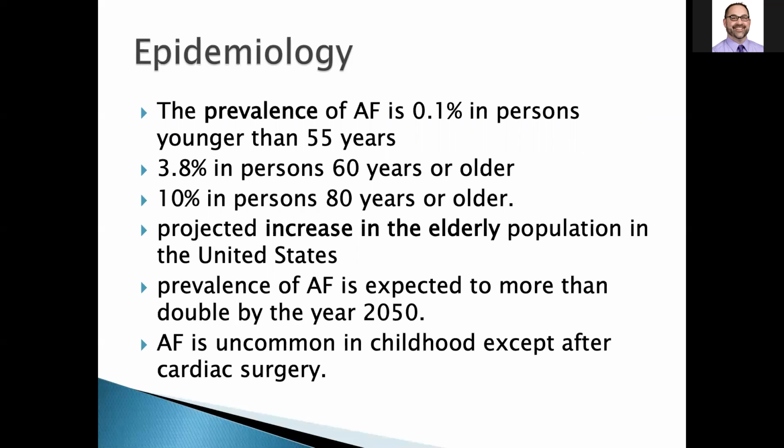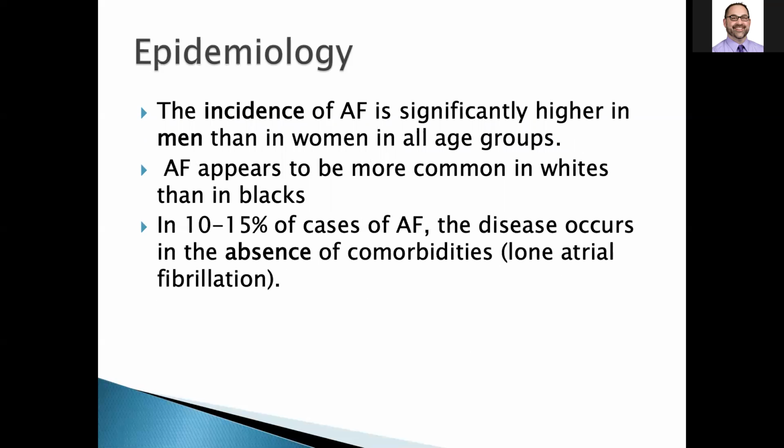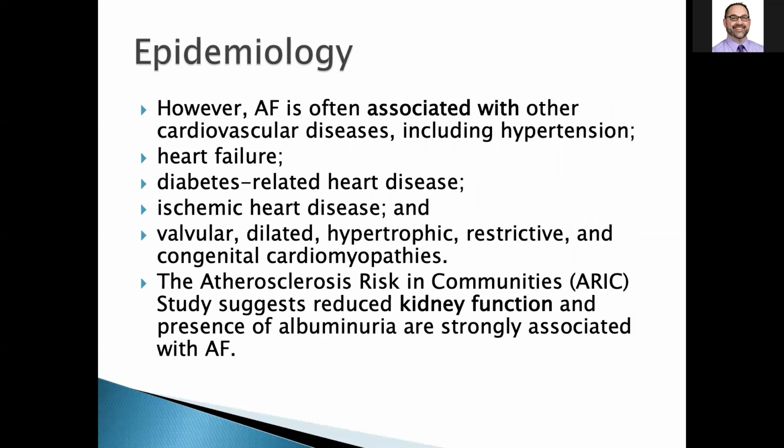AFib is uncommon in childhood, except for congenital defects that are repaired after cardiac surgery. They can develop AFib. It's more prevalent in men than women, appears more in Caucasians than African Americans, and in about 10 to 15% of cases, the disease occurs in the absence of comorbidities. So they don't have risk factors, but they do develop it.